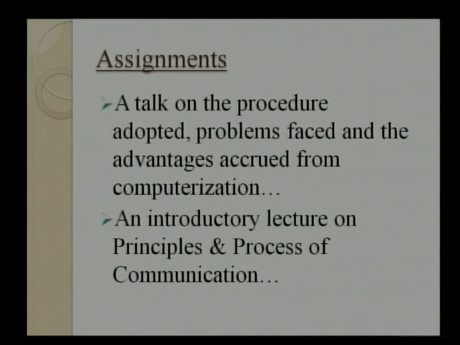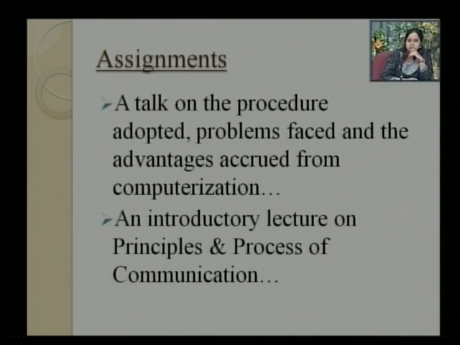I've got assignments for you students. You have to prepare a talk on the procedure adopted, problems faced, and the advantages accrued from computerization. Let me clarify your assignment.